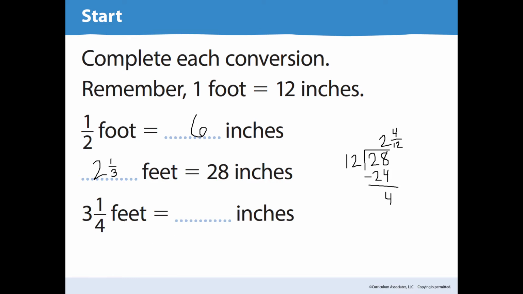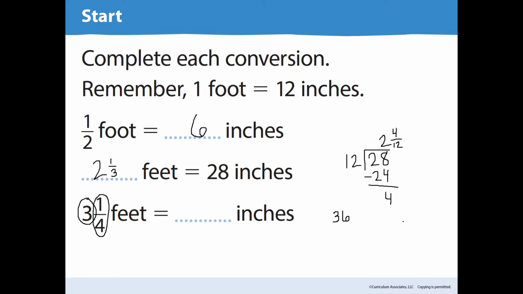And the last one, 3 1/4 feet equals how many inches? We are going from a larger unit to a smaller one, so we're going to be multiplying because there will be more inches than there are feet. So let's start with the 3 feet. There are 12 inches in a foot, and 3 times 12 is 36. So we're going to remember that number. Now we're going to figure out the 1/4 feet, and we're going to add that to 36.